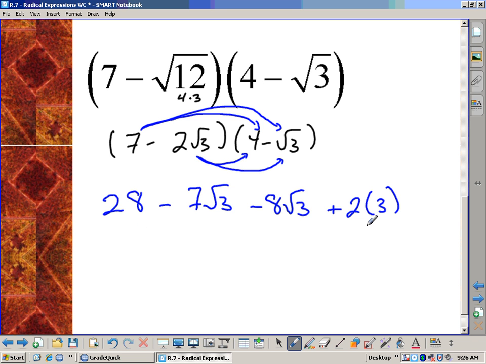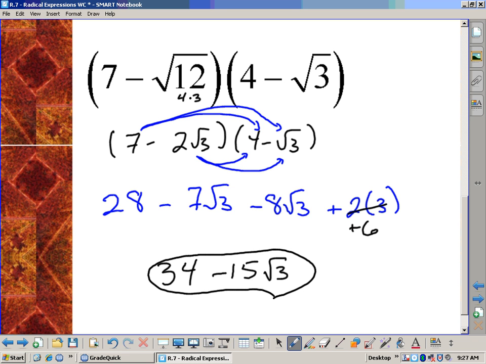So that means that this whole number is now going to become 6. And then my simplified version is 28 plus 6, which is 34. And then this negative 7 minus 8, since these have like radicals, are going to become minus 15 radical 3. Sometimes you're going to have like radicals, sometimes you will not. If you do not, you can't combine them, and that's all right as well. Just for general etiquette, rational numbers come first, irrational part comes second.